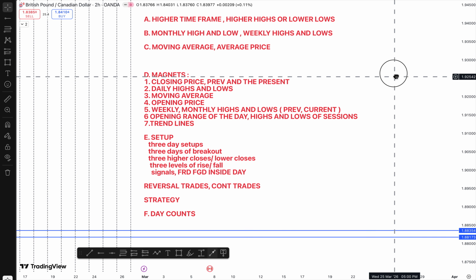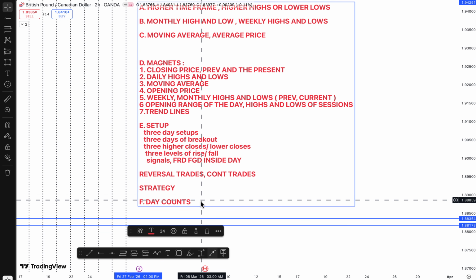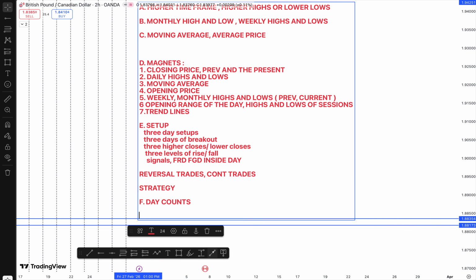Also, you need to understand risk management. Position size and risk management. You need to really understand your account risk, what you can afford to lose.